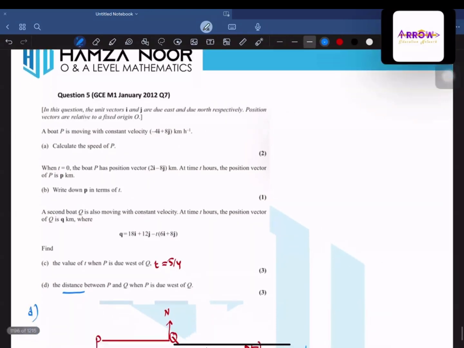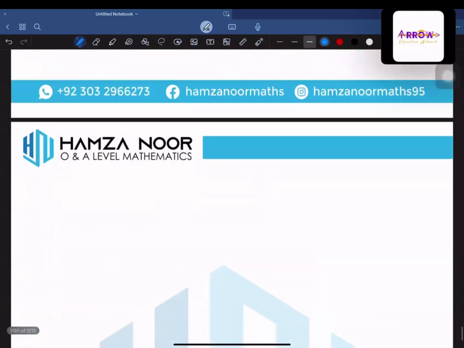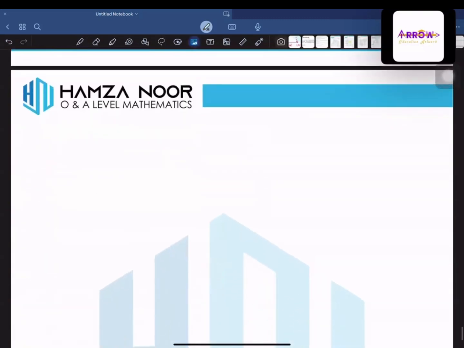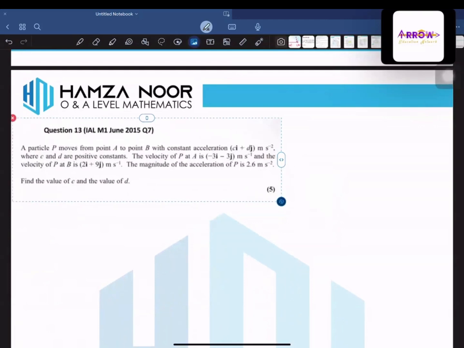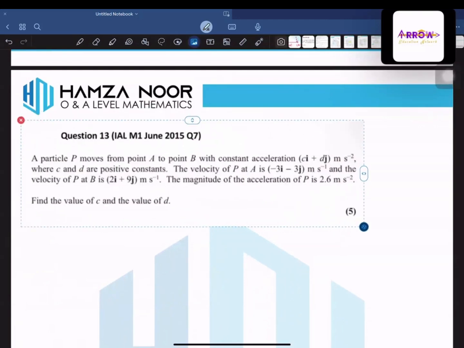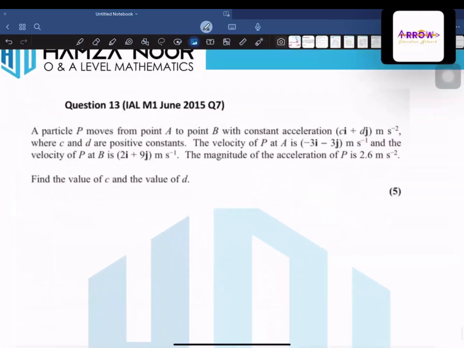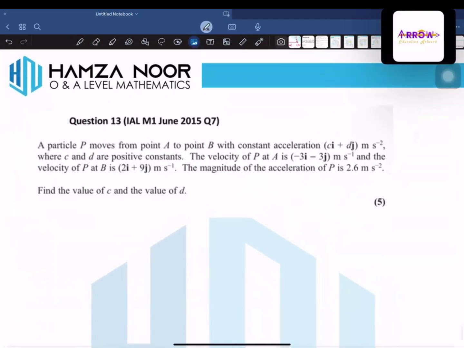So up next is question number 13 of the handout, and this is IAL M1 June 2015, question number 7. So let's have a look at this question. It says that a particle P moves from point A to point B with constant acceleration ci plus dj meter per second square, where c and d are positive constants.